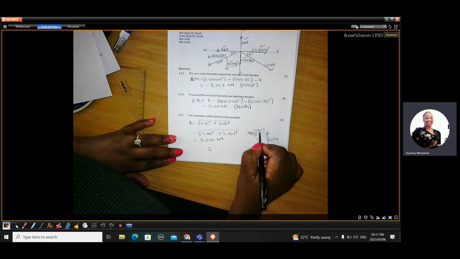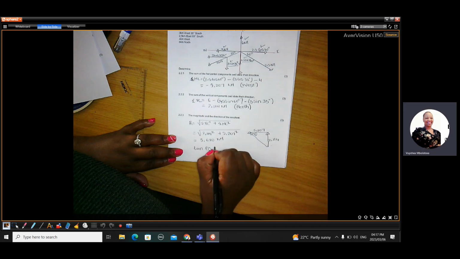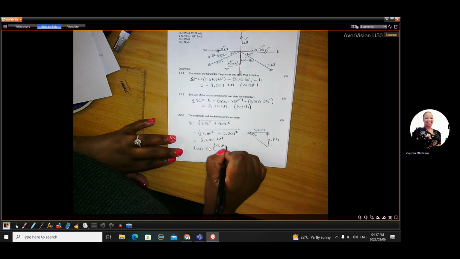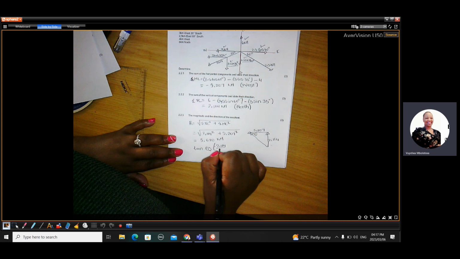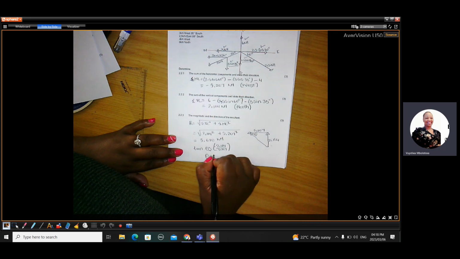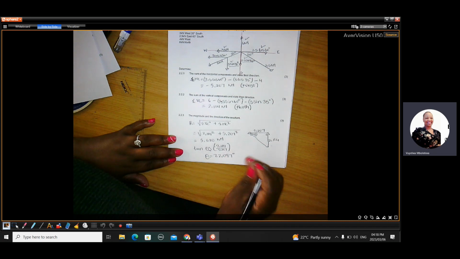So tan theta will be 2.114 over 5.207. So theta will then be 22.097 degrees for you to get your full marks.